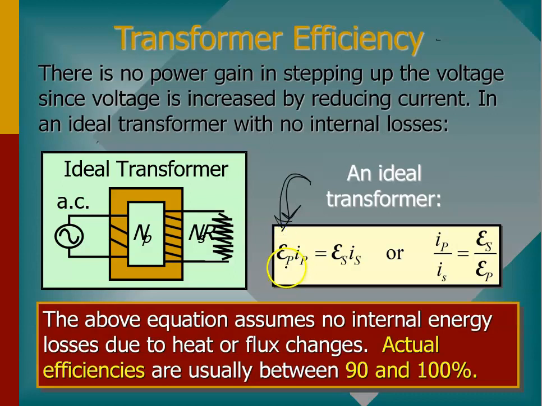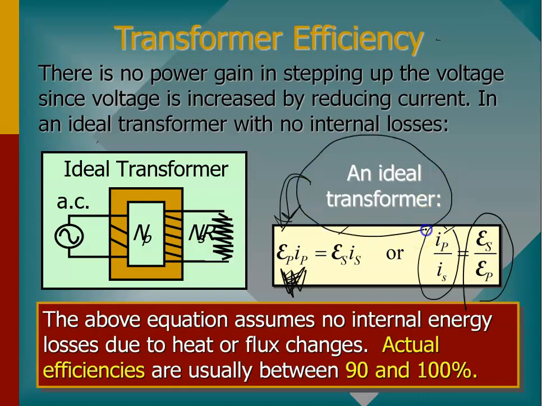So when the product of V and I in the primary is similar to the product of V and I in the secondary, or when the ratio of current in the primary and secondary is equal to the ratio of voltage in the secondary and primary, then this is the condition where we call it an ideal transformer.